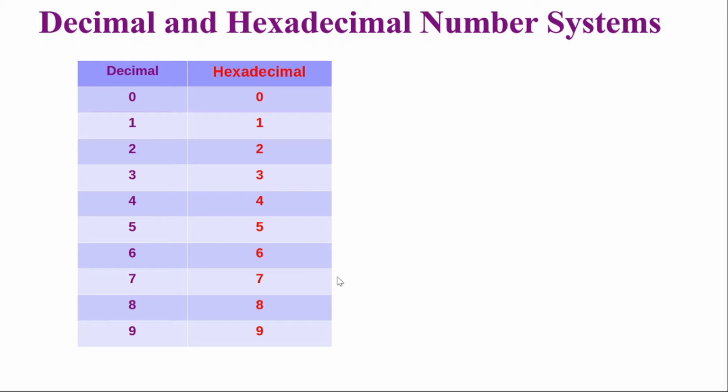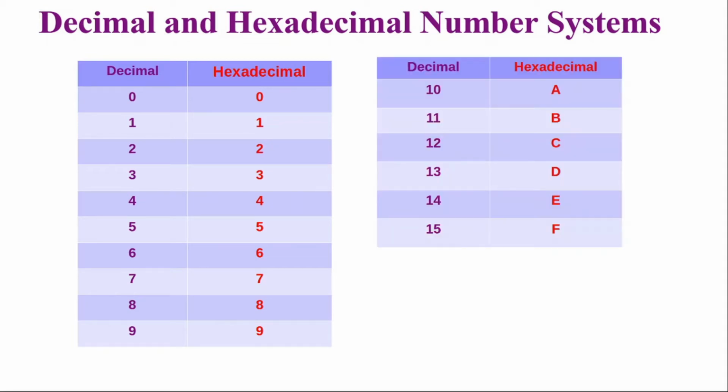Out of 16, first 10 basic symbols of hexadecimal number system are same as used in decimal system, and the rest A to F are taken from English alphabets, which are equivalent to decimal numbers 0 to 15 shown in table.